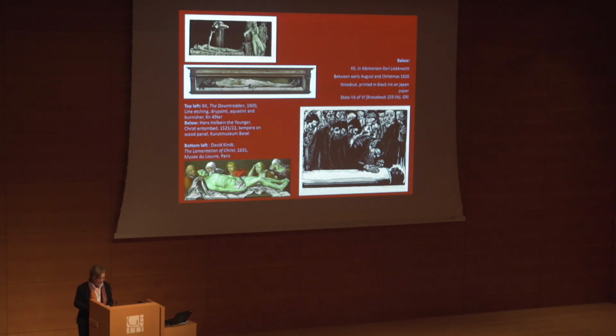With the obvious comparison to Christ on her woodcut In Memoriam Karl Liebknecht, see here on the right, Kollwitz gives the murdered leader of the Spartacus uprising in Berlin in January 1919 the status of a new savior.